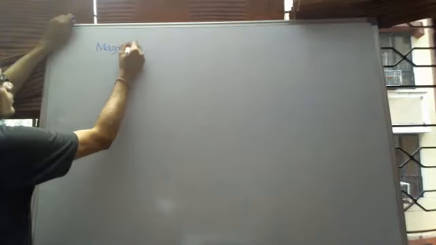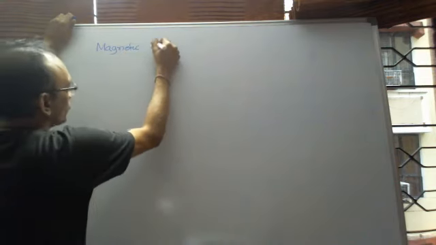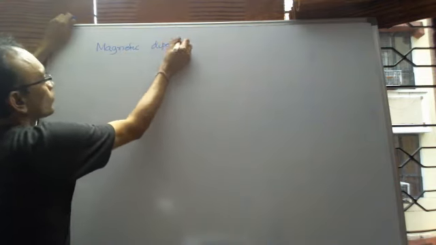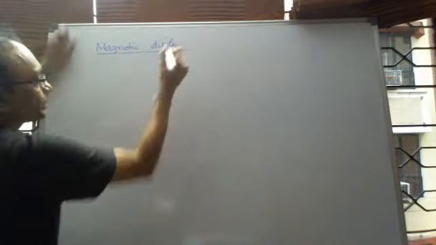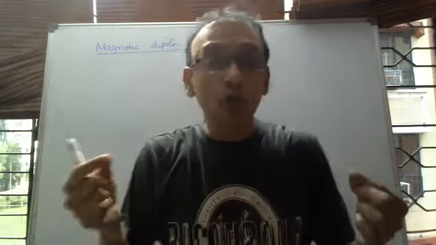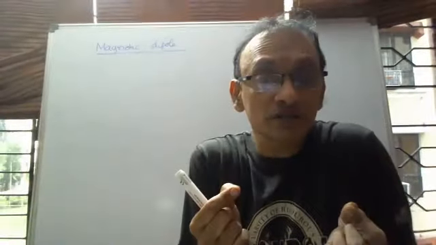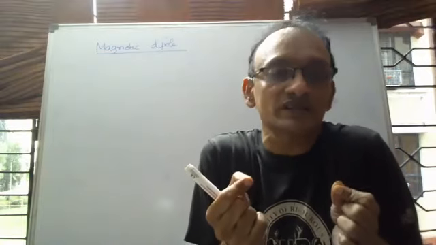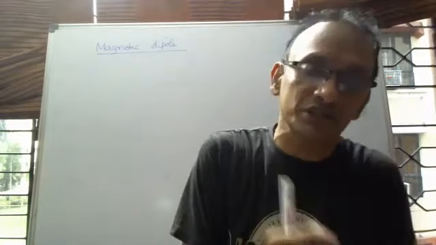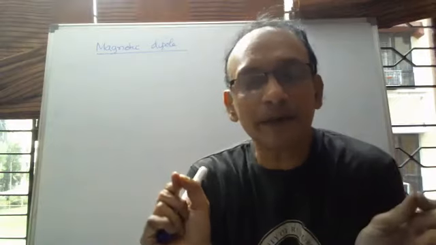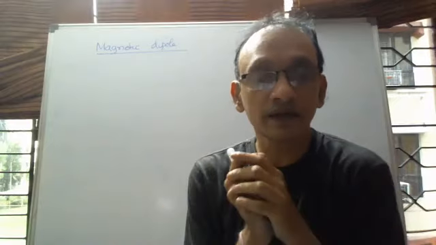Now, let me look at what I refer to as a magnetic dipole. Electrical dipole, you know? A pair of charges, equal and opposite, plus q and minus q, separated by a very small distance, right?